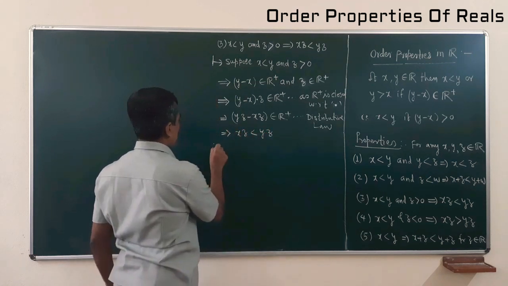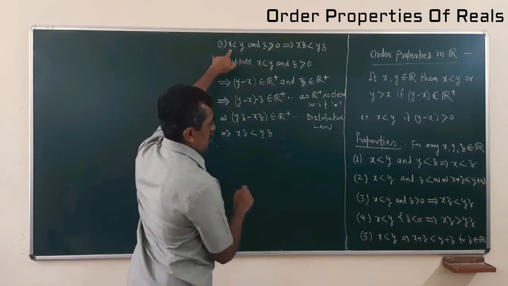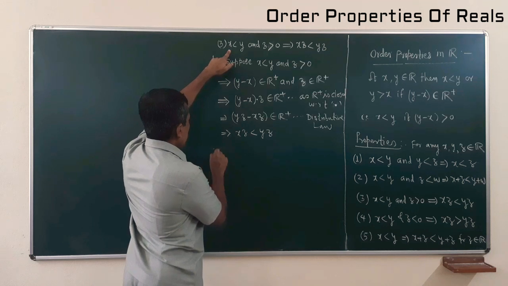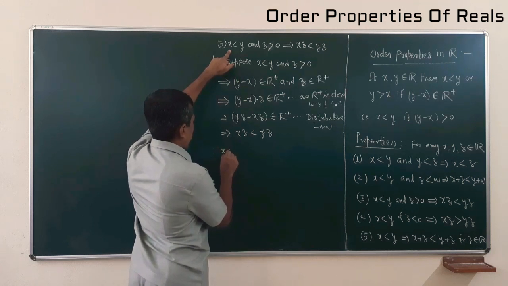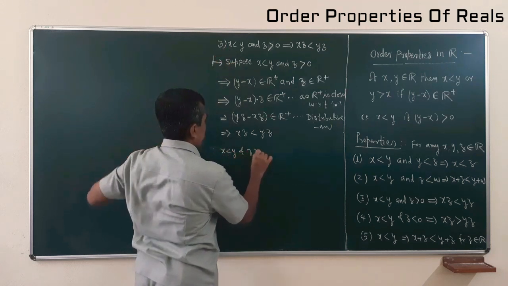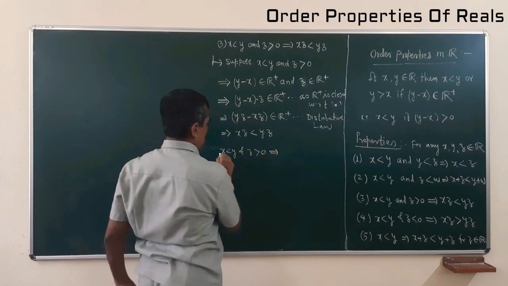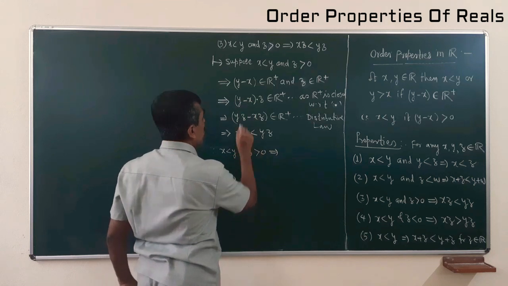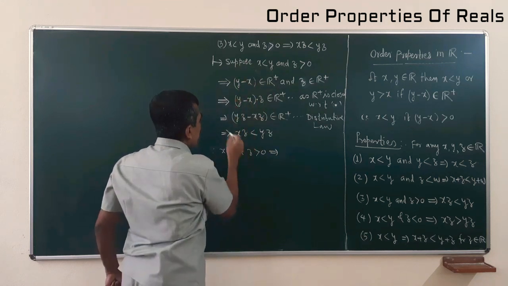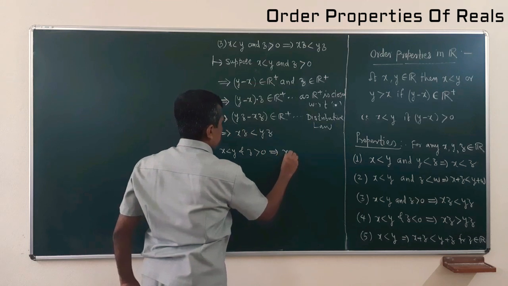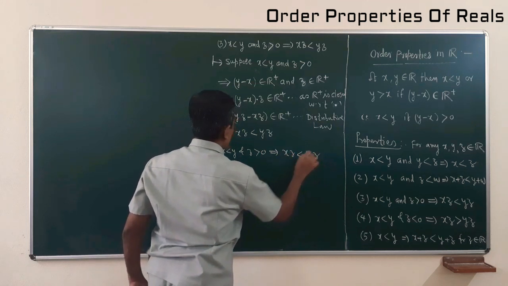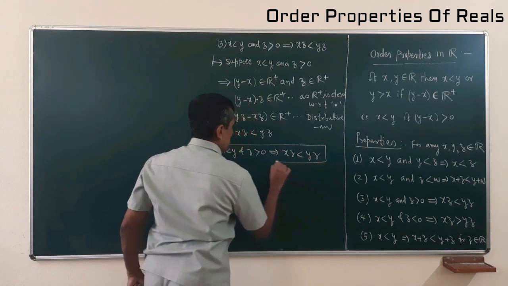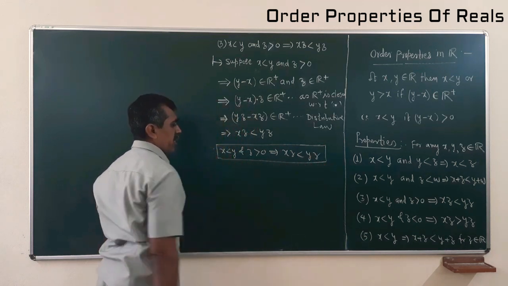Therefore, if x less than y and z greater than 0, and I multiply this inequality by a positive real number, what I get is xz less than yz. So the sign of the inequality is unchanged.